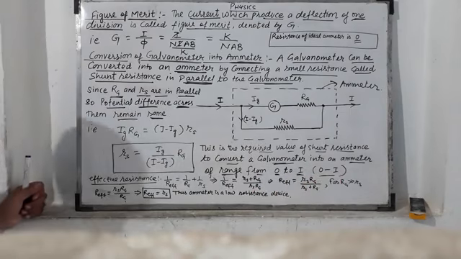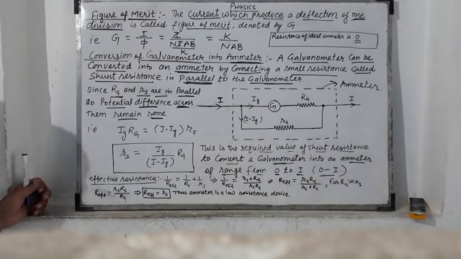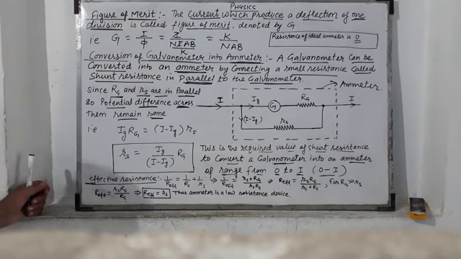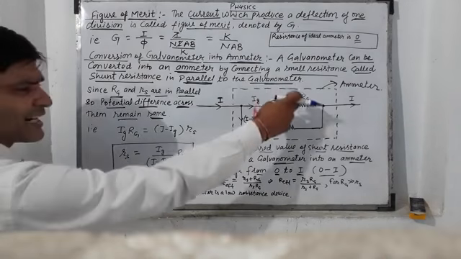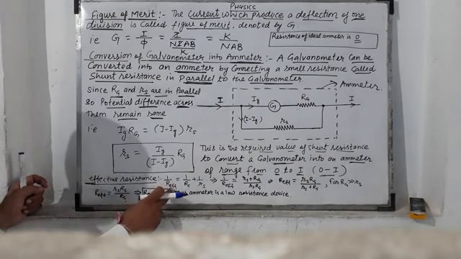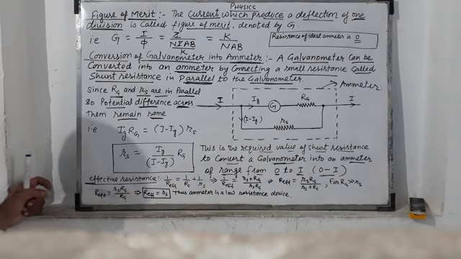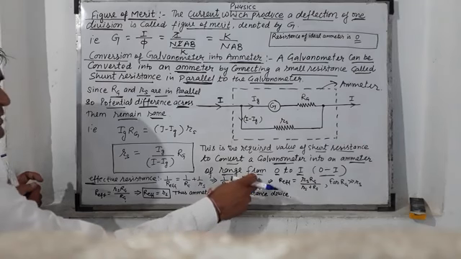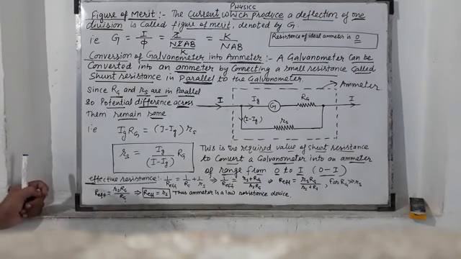Now the effective resistance of the ammeter: as RG and RS are in parallel, 1 upon R effective is equal to 1 upon RG plus 1 upon RS. Taking LCM, 1 upon R effective is equal to RS plus RG upon RS RG.